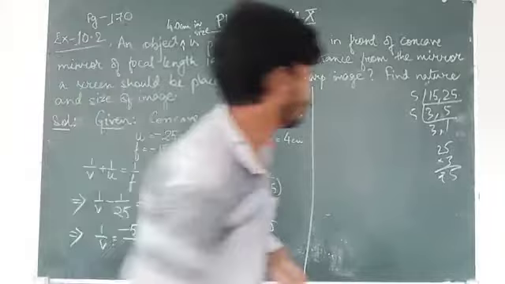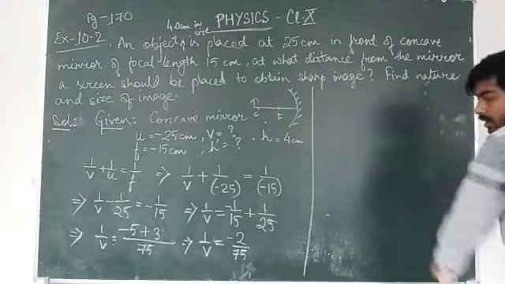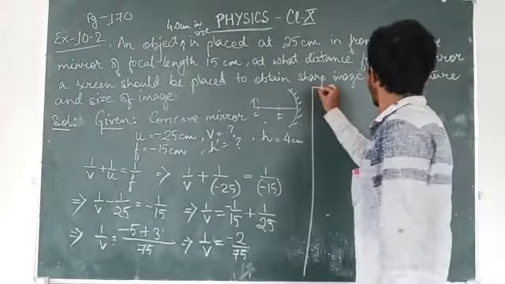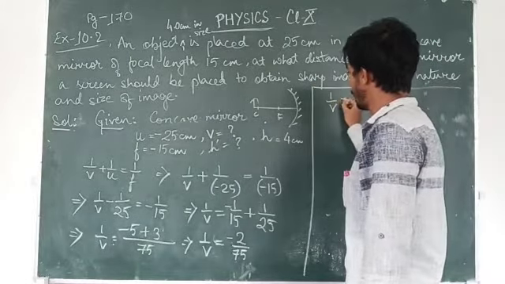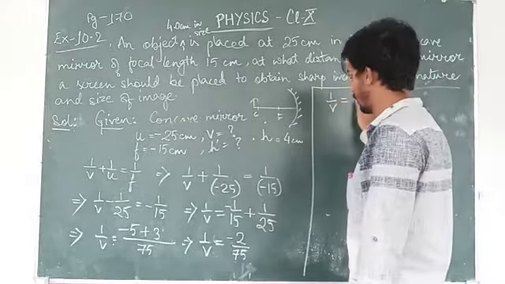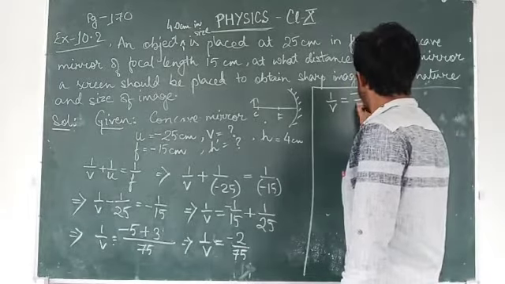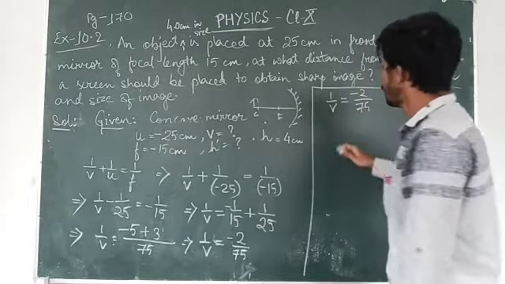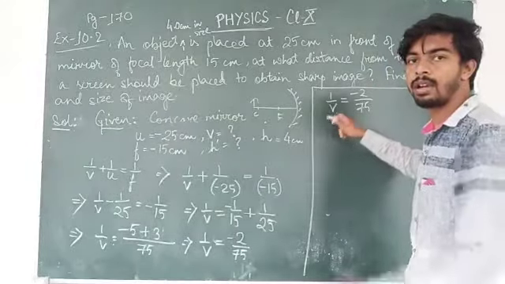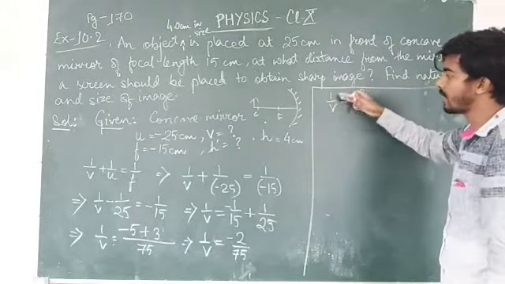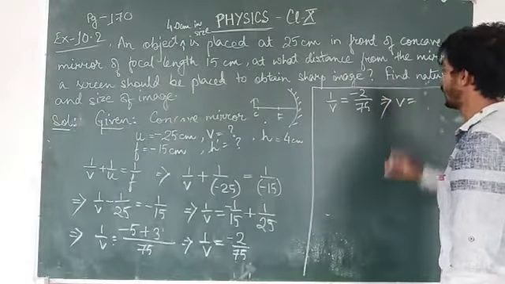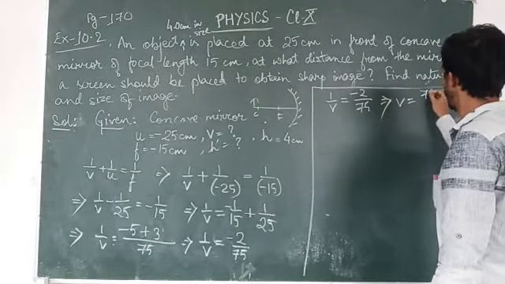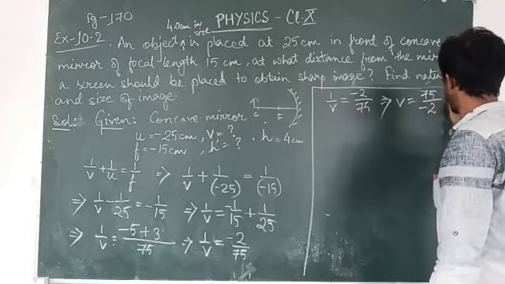Now we have 1 by v equal to minus 2 by 75. Now we need to find the value of v. We'll reciprocate it. We'll turn it upside down. It will become like this. V equal to 75 by minus 2.